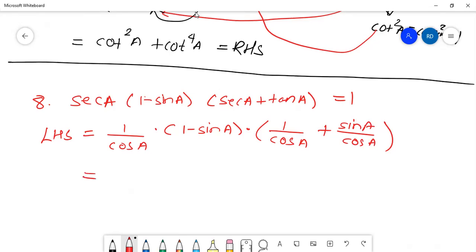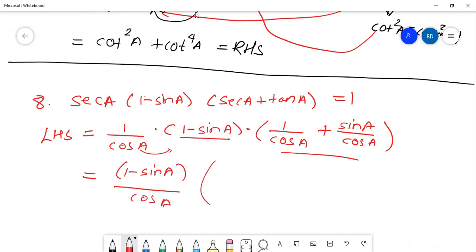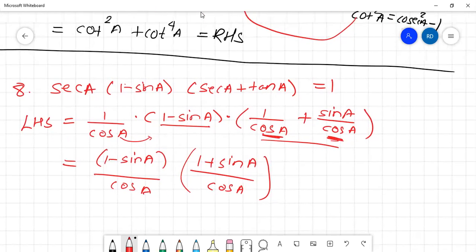First of all, solve the brackets. I'll write 1 minus sin A as it is. Then this cos I'll write upon this, and this whole bracket can be written as 1 plus sin A upon cos A. As cos is the common base, we can directly do this.